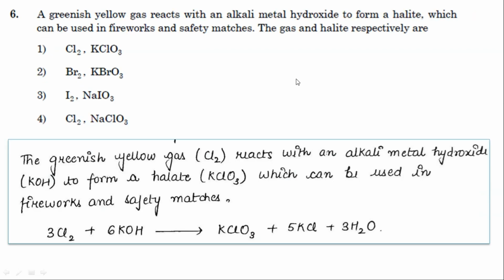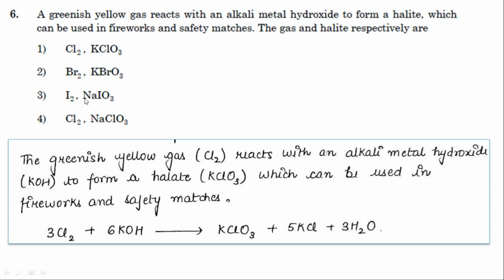A greenish yellow gas reacts with an alkali metal hydroxide to form a halide which can be used in fireworks and safety matches. The gas and halide respectively are. So which is the gas? It was given as a greenish yellow gas. From this you can identify. Iodine is a violet-brown gas and bromine is a brownish gas, so options 2 and 3 are ruled out.